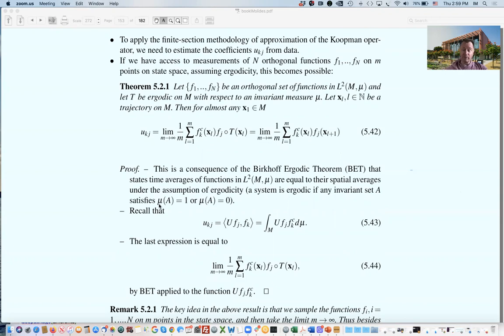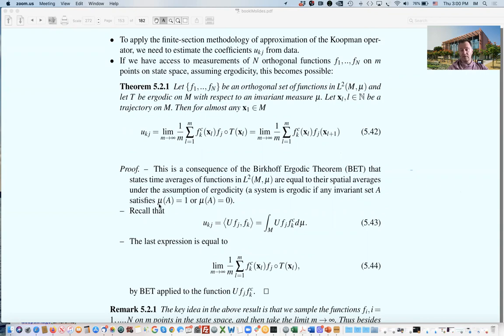So in the case of dissipative systems, this would pertain to attractors, and the measure in question would be the measure on the attractor. There is a type of measure that is called the physical measure on the attractor. So now we're assuming this ergodicity.